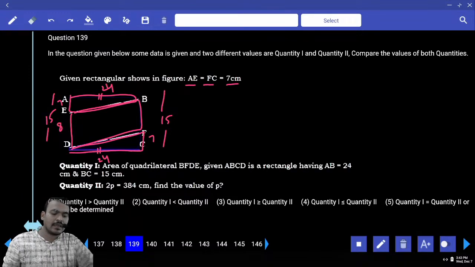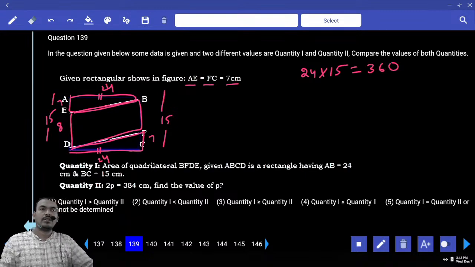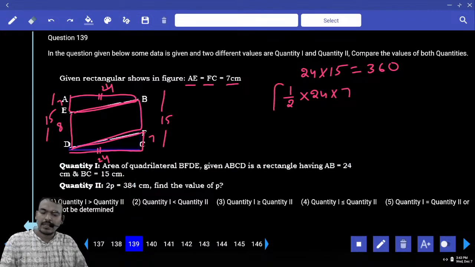First, what is the rectangle area? 24 into 15, how much? 360. What is the area of each right angle triangle? Half into base into height. What is the base value? 24. Height value 7. But how many right angle triangles?